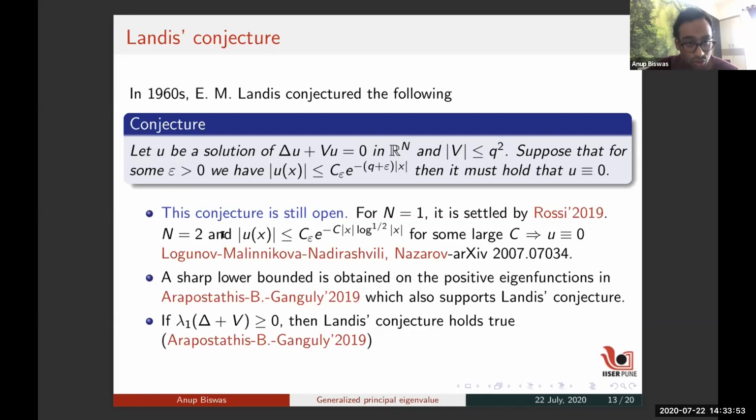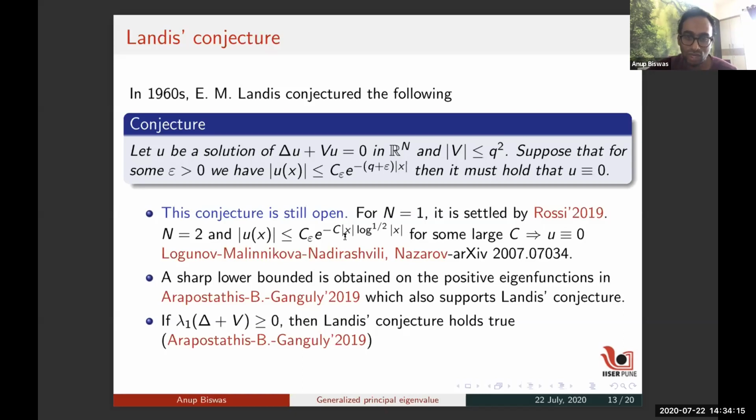For n equal to 2, if we impose this |u(x)| is less than or equal to c to the power minus c|x| log to the power half |x|, it is much worse than this bound, and for a large c, if this happens, then u is equal to 0.